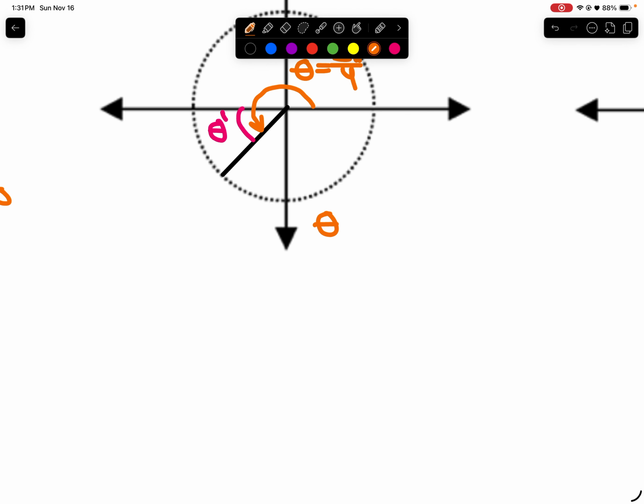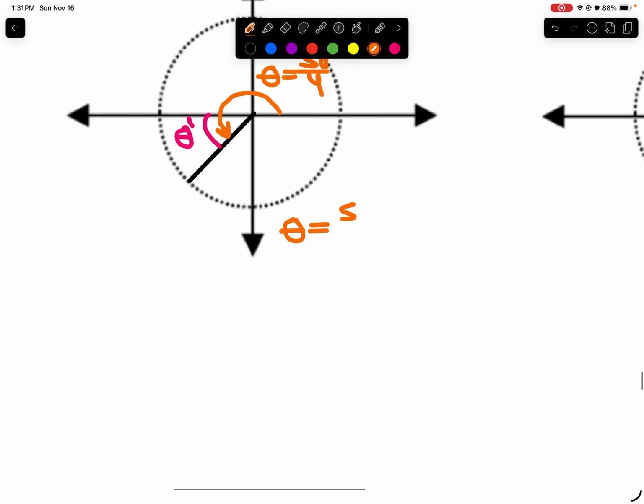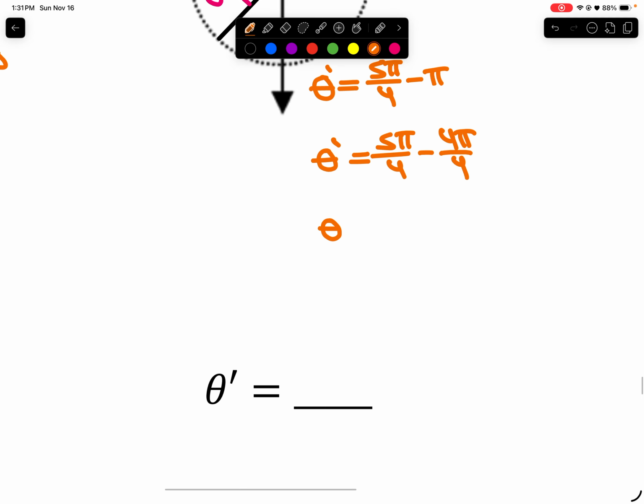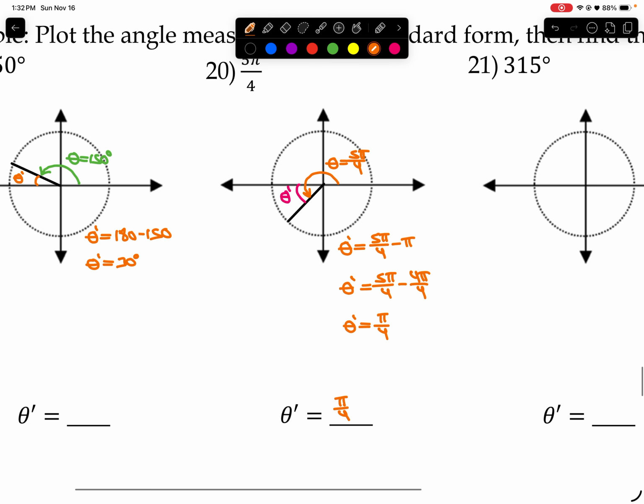So, meaning I'm going to do, this should be theta prime, 5 pi over 4 minus pi, and then this is going to be 5 pi over 4 minus 4 pi over 4 when you get a common denominator. And then that tells you that your reference angle is going to be pi over 4. I didn't write it over there, but it's fine.